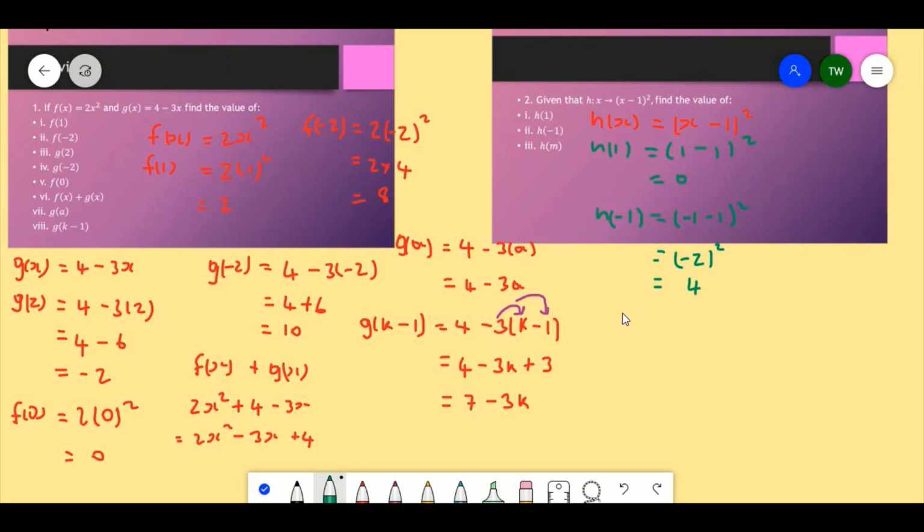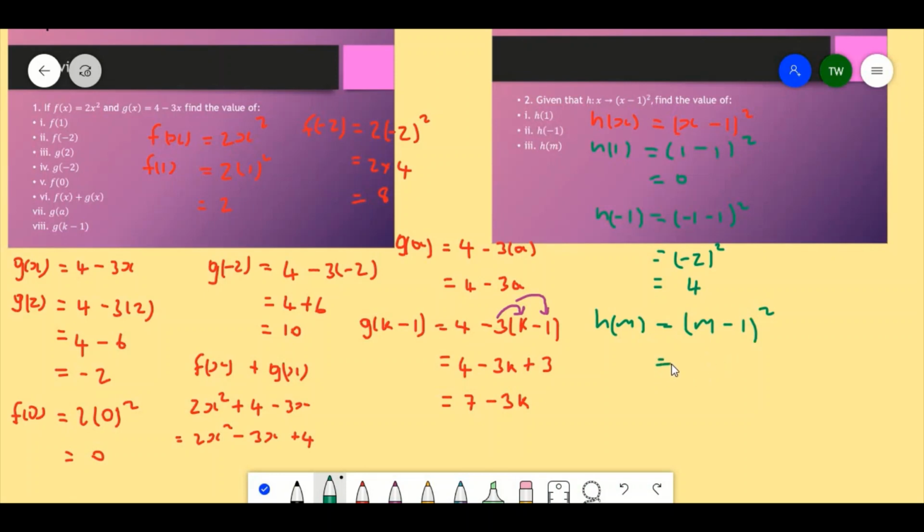Also asked to find h of m. So h of m is going to equal to open bracket. Instead of writing back x, we're going to replace it with m. So it's going to be m minus 1 all squared. We can simplify this.